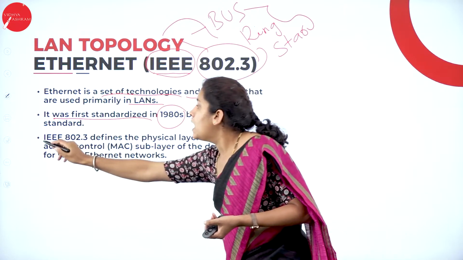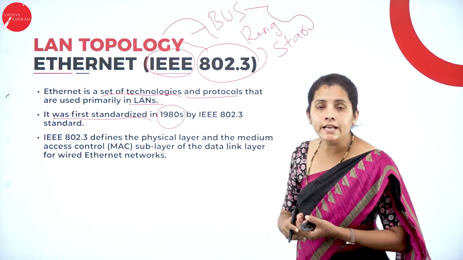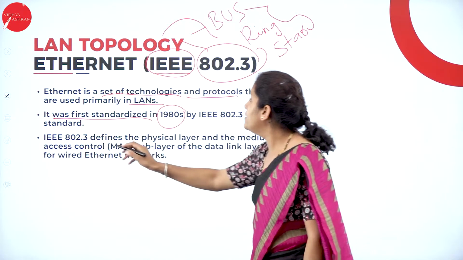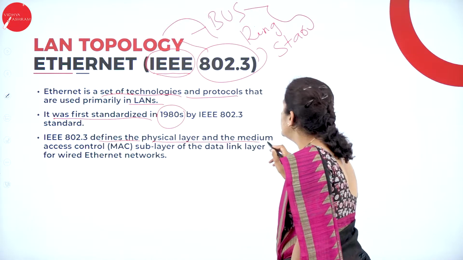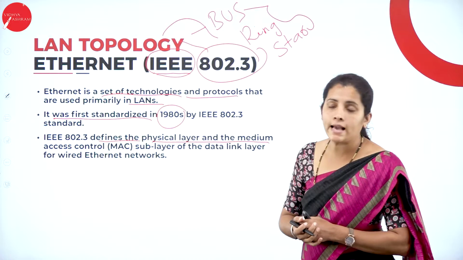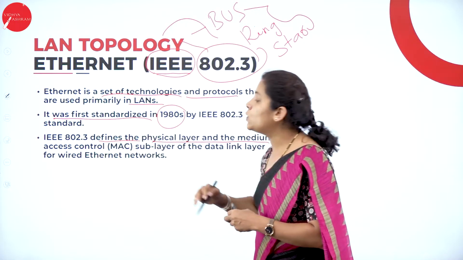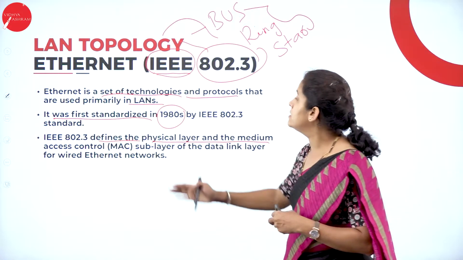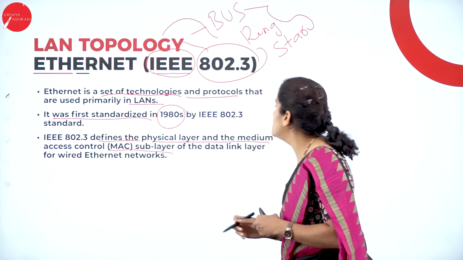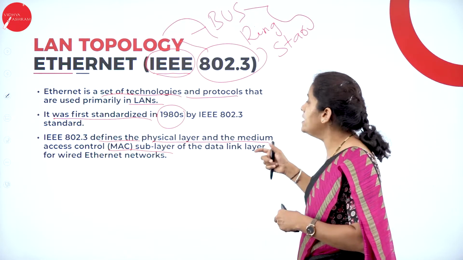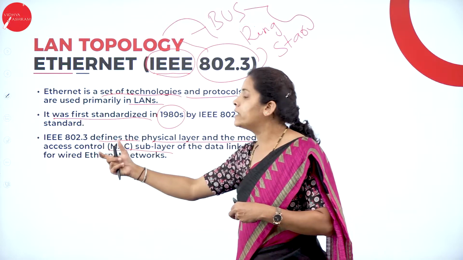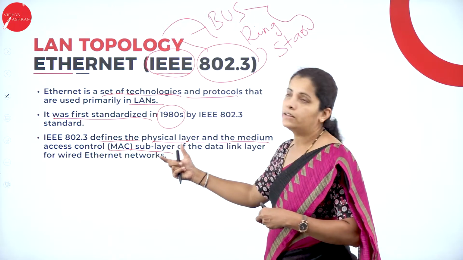IEEE 802.3 defines the physical layer and the medium access control layer, that means the MAC sublayer of the data link layer, for wired Ethernet networks.